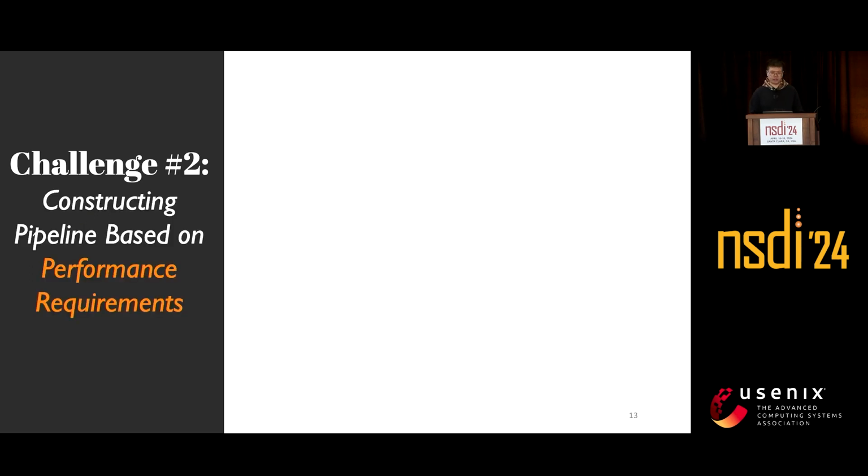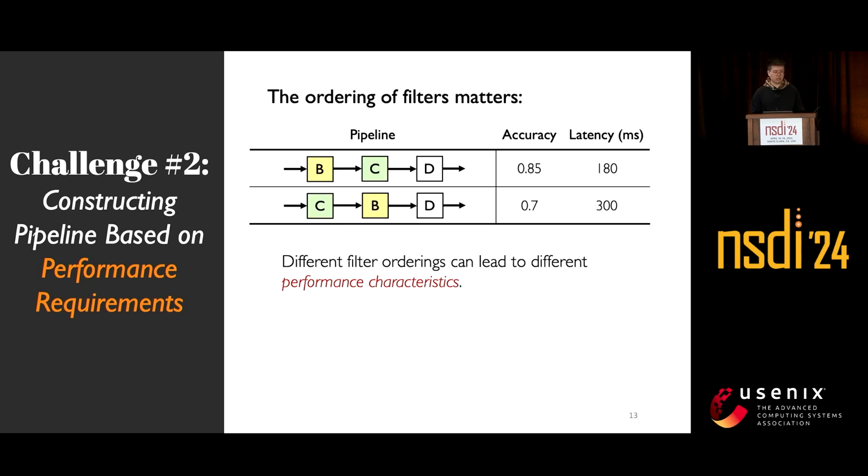Another challenge we have here is in the pipeline construction. We observe that the ordering of filters in our pipeline may sometimes affect query performance. For example, switching the background subtractor and color filter in our video query may lead to a different performance characteristic, where one particular ordering may favor accuracy over latency and vice versa.